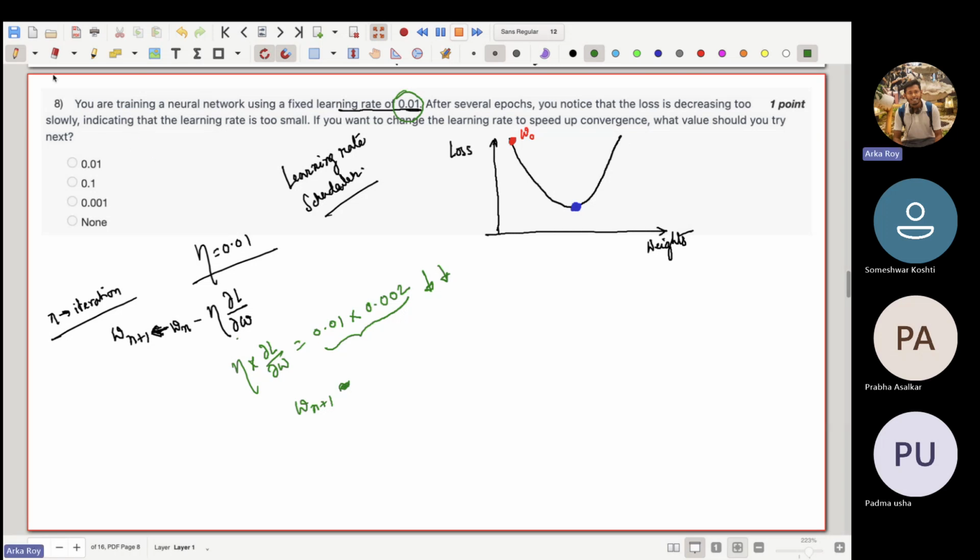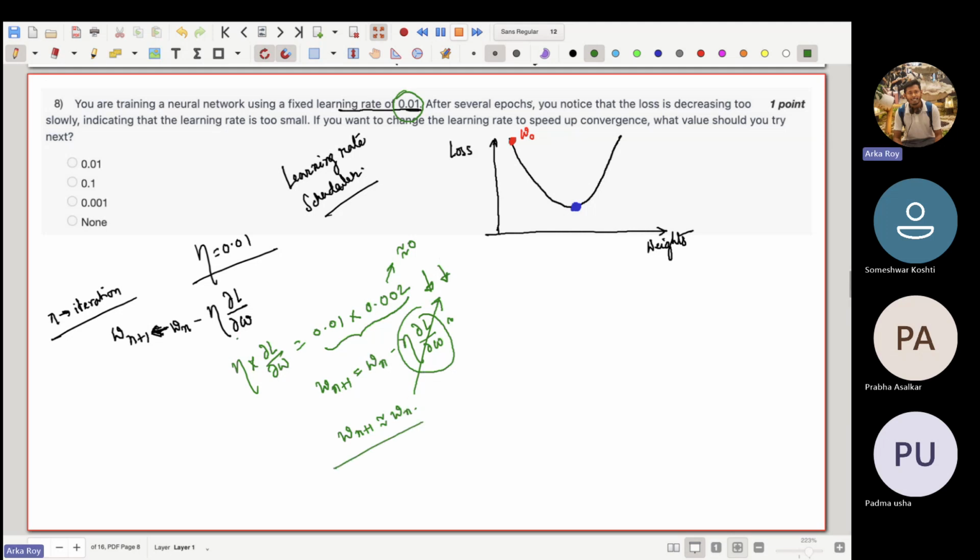The equation we were writing initially, W_{n+1} equals W_n minus eta del L by del W. Because this value approaches 0, I can neglect this particular term computationally. So W_{n+1} effectively becomes W_n.